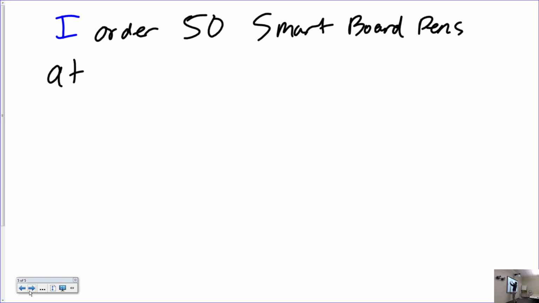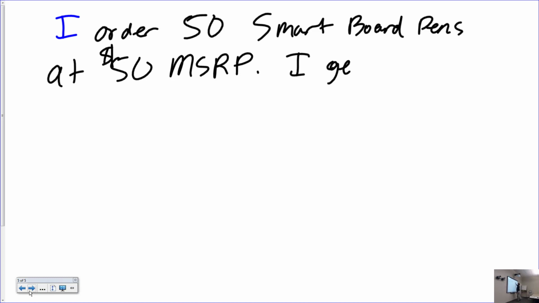And again, I'm a retail shop that's selling these pens, right? I'm not the school. This is a retail business. At, let's say, they're $50 MSRP. And let's suppose that I get, was I a good negotiator or a bad negotiator, folks? Bad. Bad? Okay, so I get a 12% trade discount.